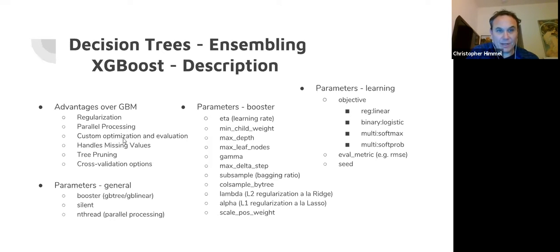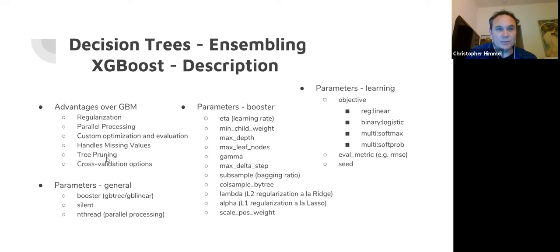There's other optimizations and evaluations that you can do. It's more complex in that area. If your data is missing, like it has nulls in it, then XGBoost can handle that. The gradient boosting algorithm doesn't handle it.